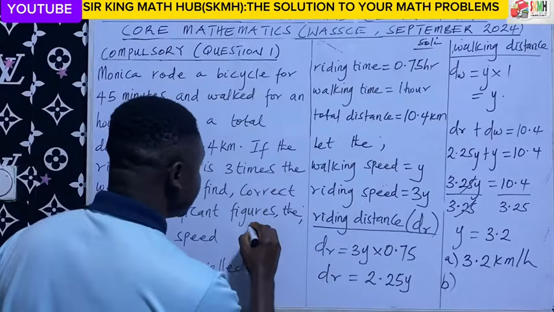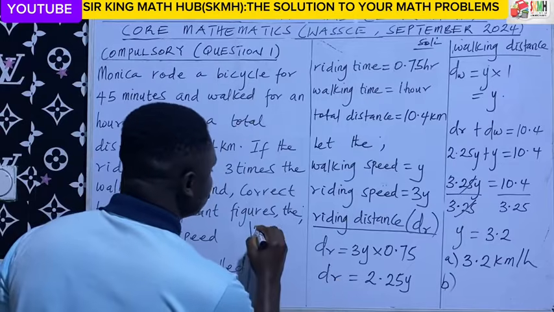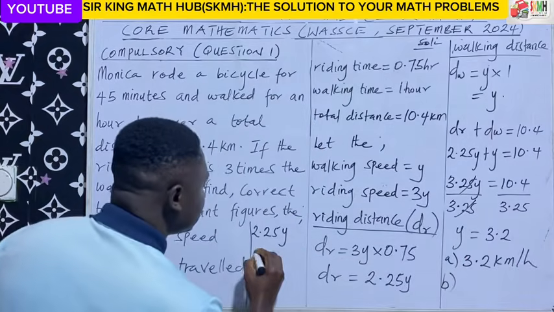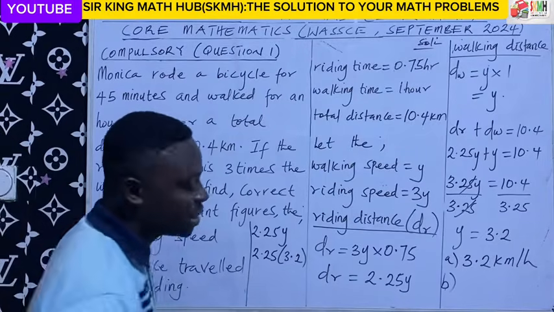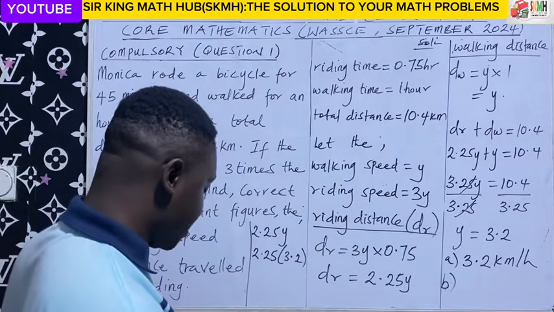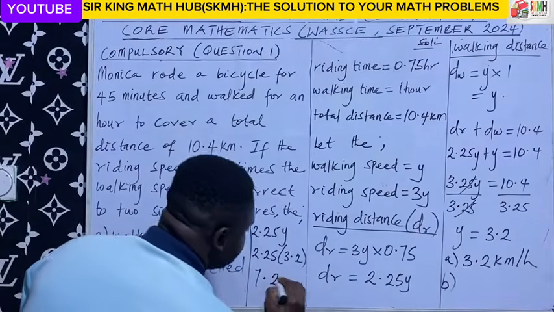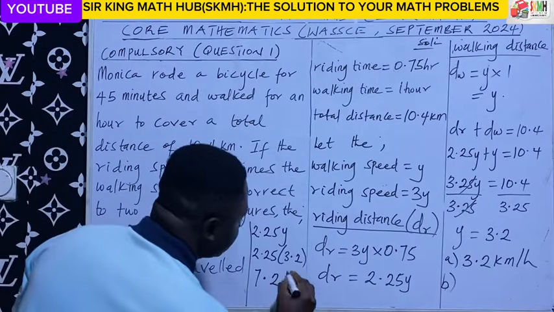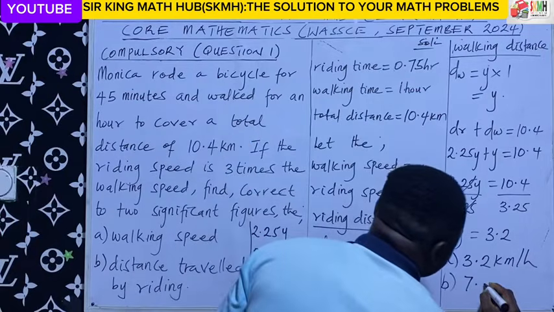So let's do the substitution: 2.25 times 3.2 gives 7.2. But we are looking at distance, so it should be in kilometers. So B, the answer should be 7.2 kilometers.